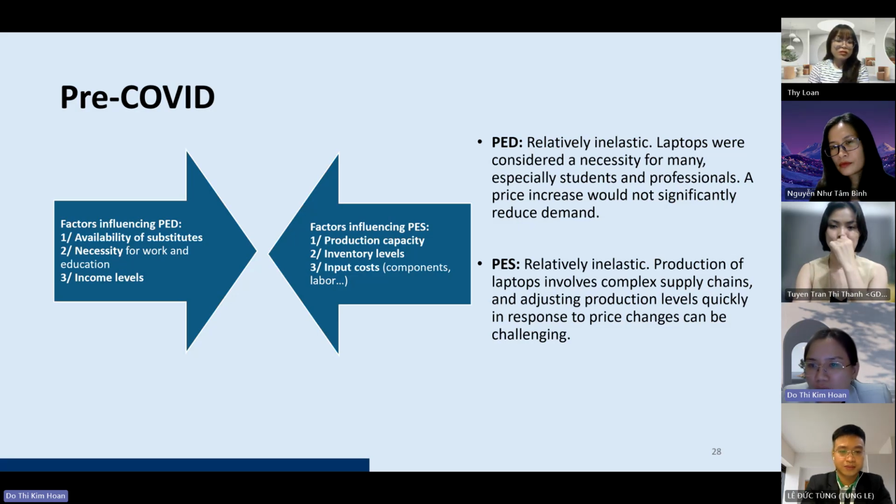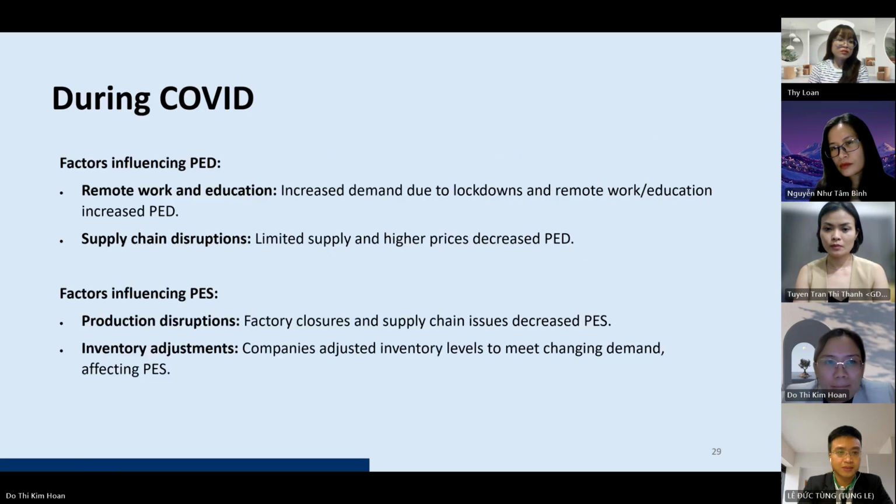A rise in price would not significantly reduce demand. And price elasticity of supply was also the same. Production of laptops involves a complex supply chain, and adjusting production levels quickly in response to price changes can be challenging.